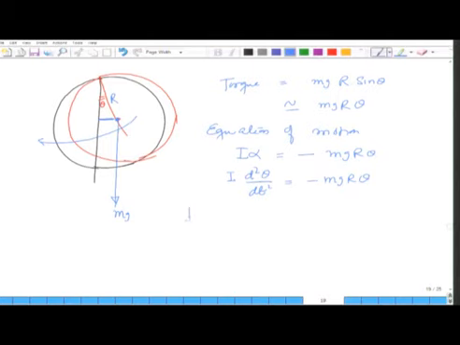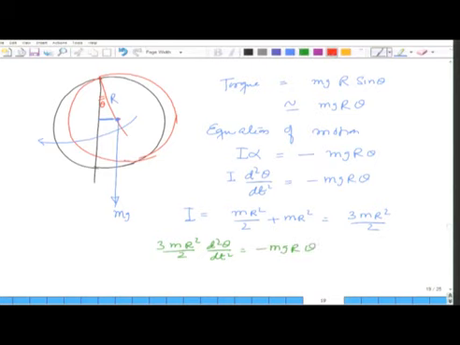By the parallel axis theorem, I is going to be the moment of inertia about the center of mass, which is mr square by 2, plus mr square, which is 3 mr square by 2. Therefore, the equation of motion is 3 mr square over 2 d2 theta over dt square is equal to minus mgr theta.